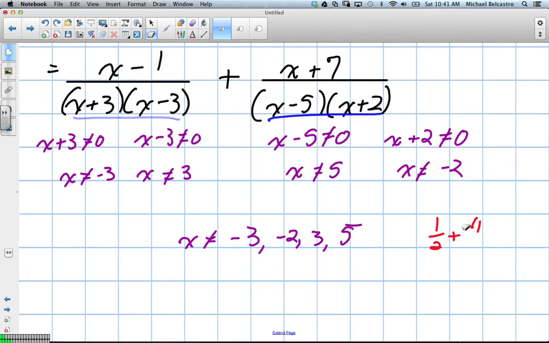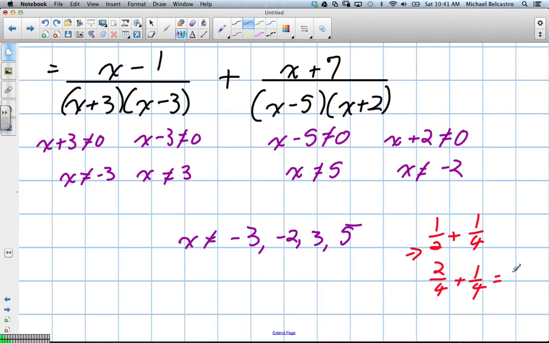I need to change this 2 into the 4, so I would multiply this fraction by 2, so it becomes 2 over 4 plus 1 over 4, which gives us 3 over 4. Now we can do that in this one. I'm going to have to multiply each denominator by the other one here. So what is that going to give us?